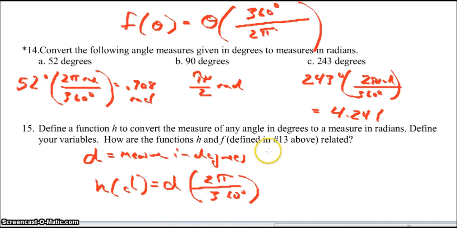Now how are the functions h and f related? Well, watch what happens if you take a composition.